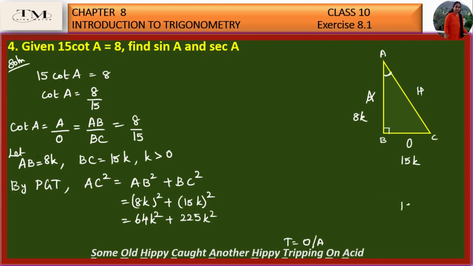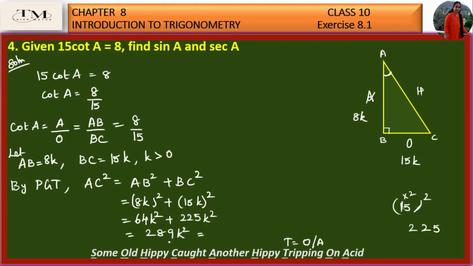If you don't, just listen: if the number ends with 5, the last two digits will be 25, and the first number is 1, so multiply 1 with the next number 2, which gives 2. So it is 225. Adding 64 plus 225, it is 289K square.